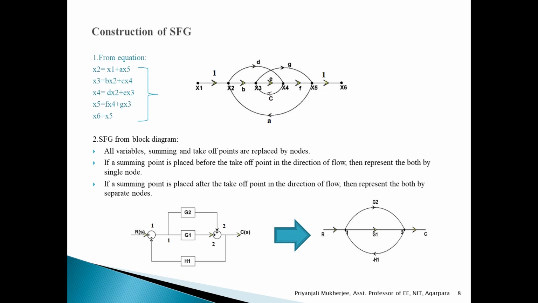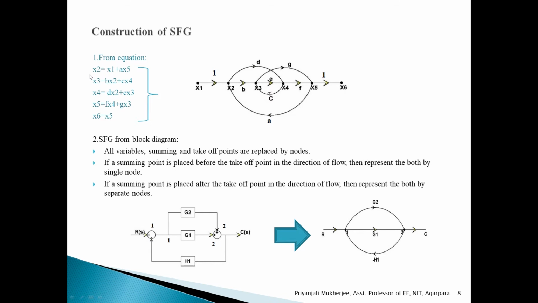Next is construction of signal flow graph. Signal flow graphs can be constructed from linear equations. Linear equation combinations are given here, and there are 6 equations. So from these equations we can say there will be 6 nodes, where the x1 node has no incoming branch.